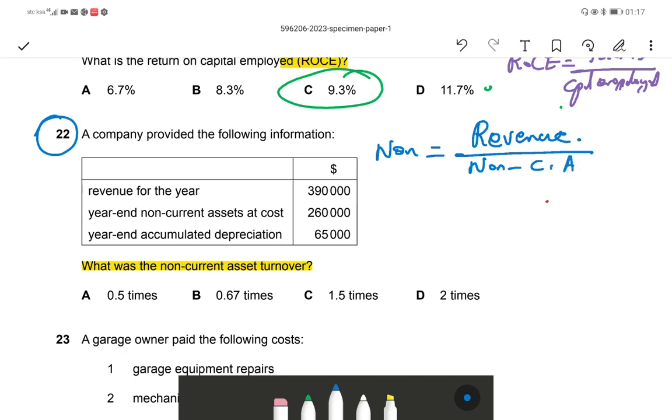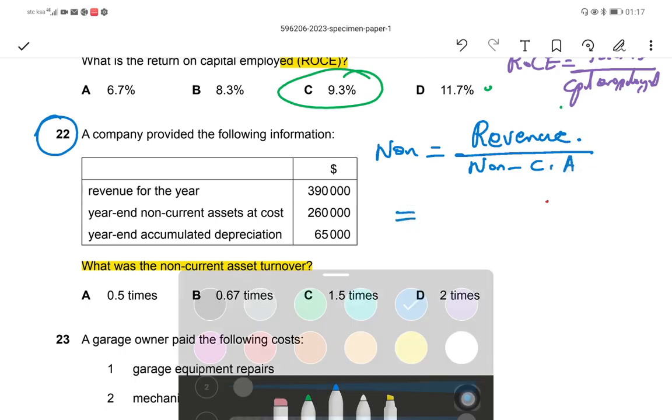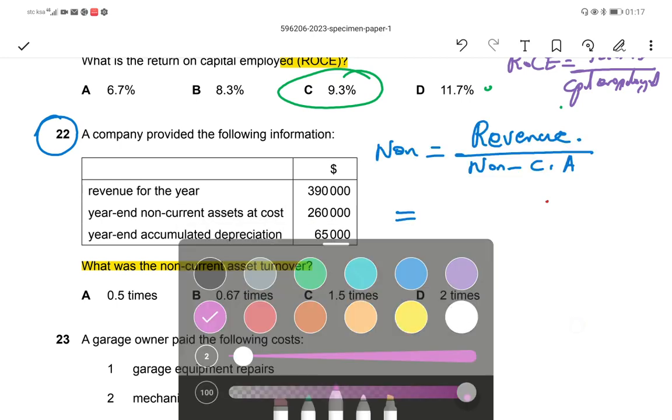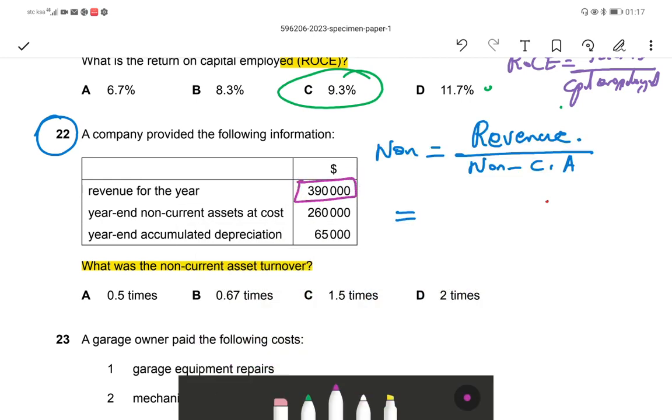Here revenue is given in the question, 390,000, divided by the non-current asset. The non-current asset is given with the depreciation, so we have to remove the depreciation.